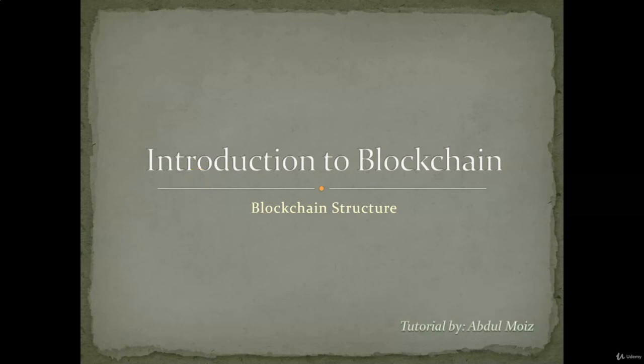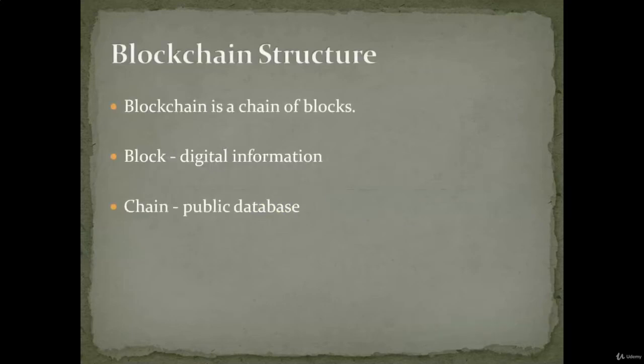In this video, we will understand blockchain's structure, how a blockchain is composed, etc. So, blockchain is literally a chain of blocks. When we talk about these words, block and chain, we are actually talking about digital information, which is the block, and is stored in a public database, that is the chain.